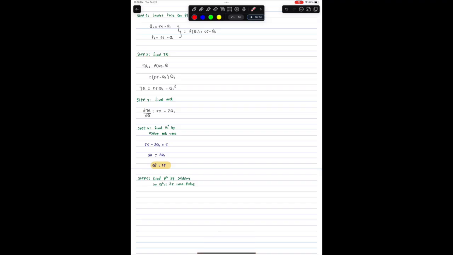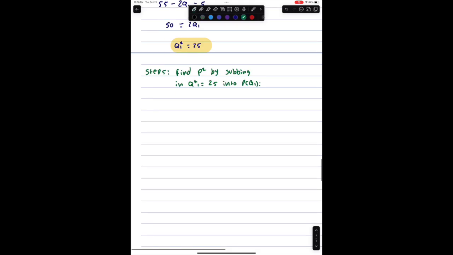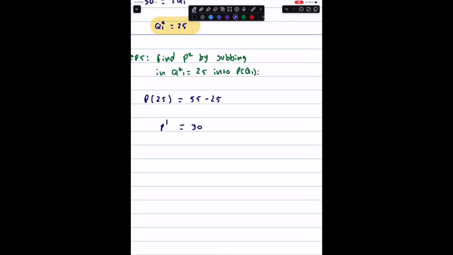P is a function of Q; the price is determined by however many units we sell. So this is going to be P of 25, because Q1 star is equal to 25, which is equal to 55 minus 25, which is equal to 30. If I am not mistaken, it should be equal to 30. So P star 1 is equal to 30.